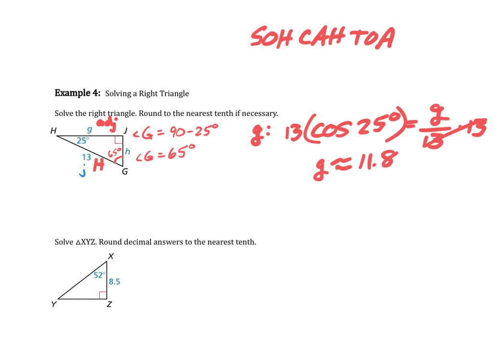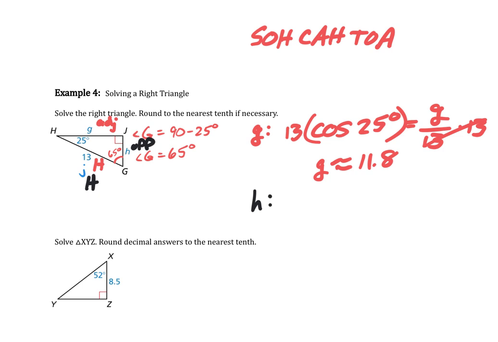And then the last thing that we're going to find is little h. If I go back to the 25-degree angle, what side would little h be from 25 degrees? Opposite. So now this would be opposite. Still got the hypotenuse here. I'm just using a different color so you can see the two pieces that we're using.